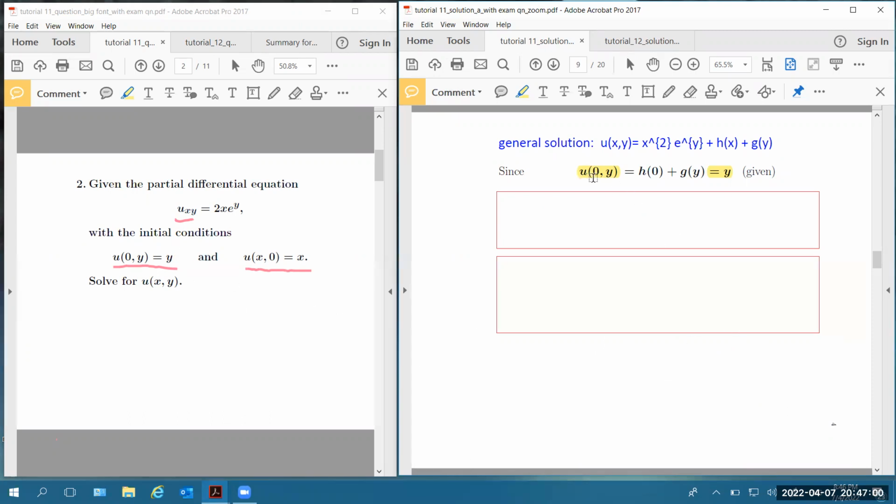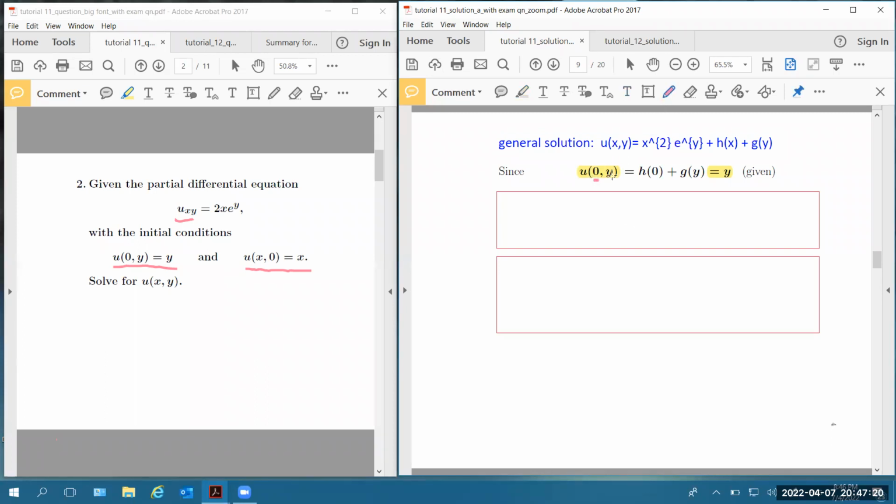Now, the first one is u(0,y) is y. So inside our general solution, we are going to get this u(0,y). Now, this 0 here means what?